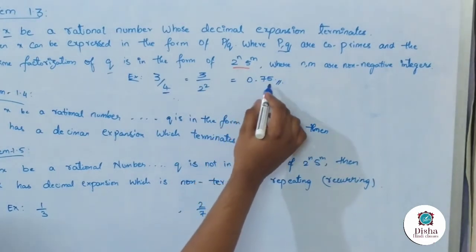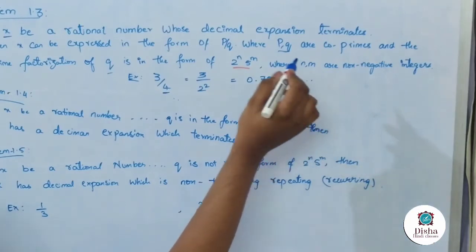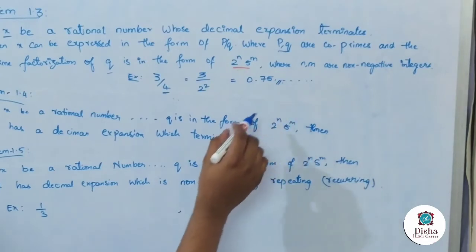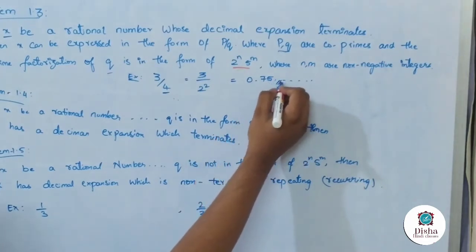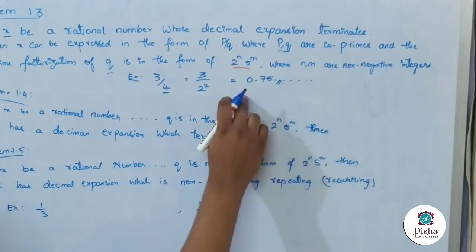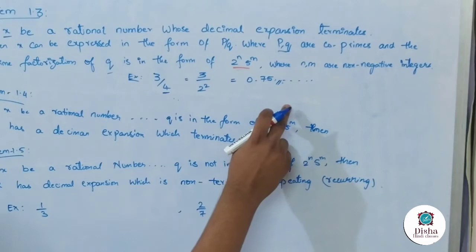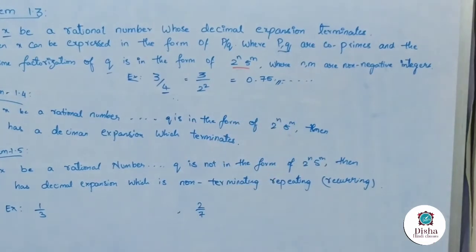If this number doesn't end and it continues like 0.753456, it is non-terminating. Terminating means ending. If it's not ending, then it is not a terminating number.